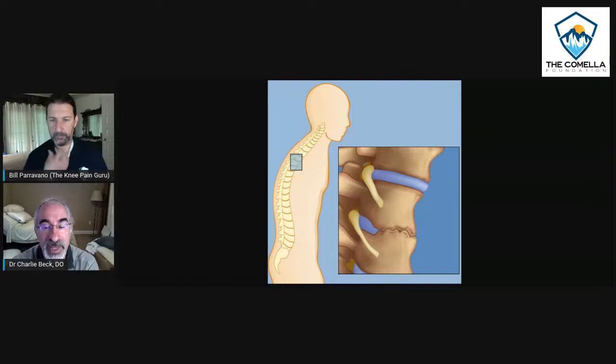When we look at the bottom one, what you'll notice is that the disc is either gone or hidden, and the edges of the bone start to grow together, or ankylose. So rather than having nice, crisp, clean edges of the bones, they kind of blend together. As they blend together more and more, they begin to fuse. Their motion becomes less. So that's the basis of ankylosing spondylitis.